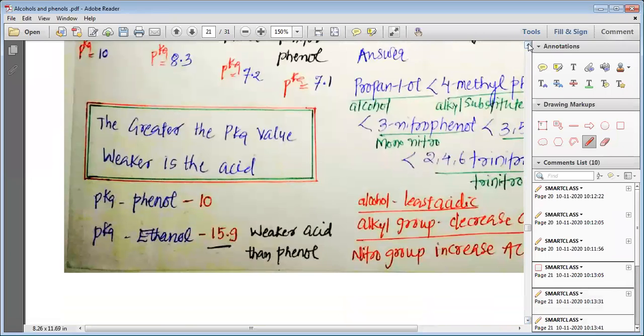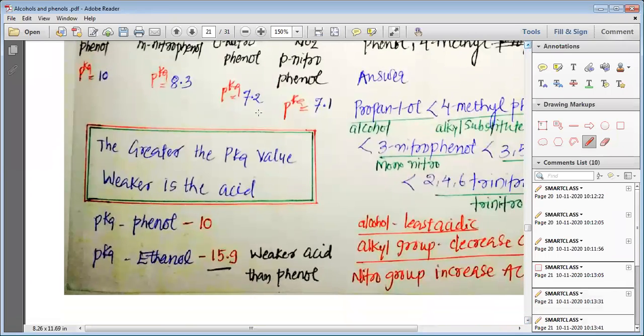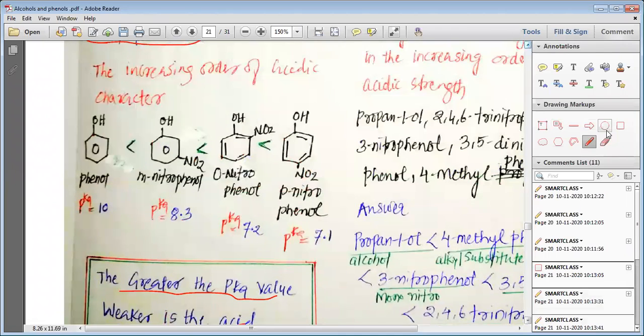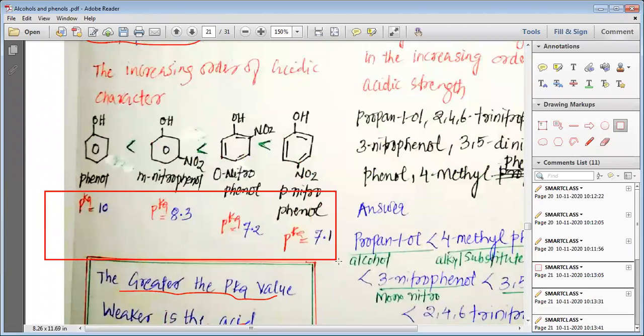Now, one more important thing which we have studied in 11th standard too, we are just going to revise this fact that the greater the pKa value, weaker is the acid. So you can see here that the pKa value for phenol is 10, but the pKa value for metanitrophenol is 8.3, pKa value for orthonitrophenol is 7.2, and pKa value for paranitrophenol is 7.1.